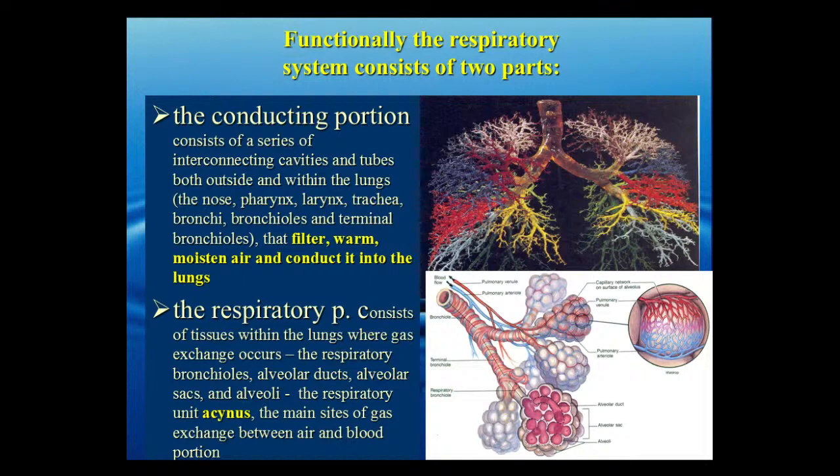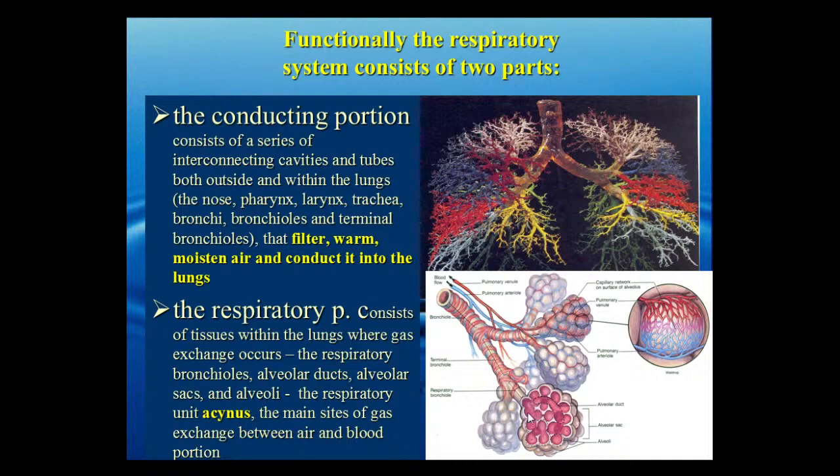The other portion of the respiratory system is the respiratory portion, which consists of tissues within the lungs where gas exchange occurs. The respiratory bronchioles, you can see here, alveolar ducts, alveolar sacs, and separate alveoli in such sacs.